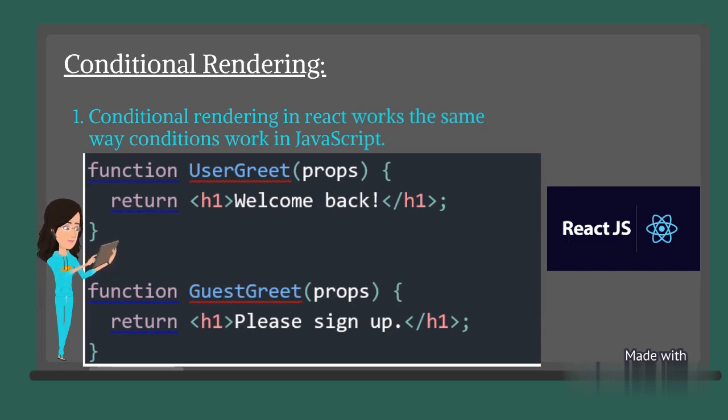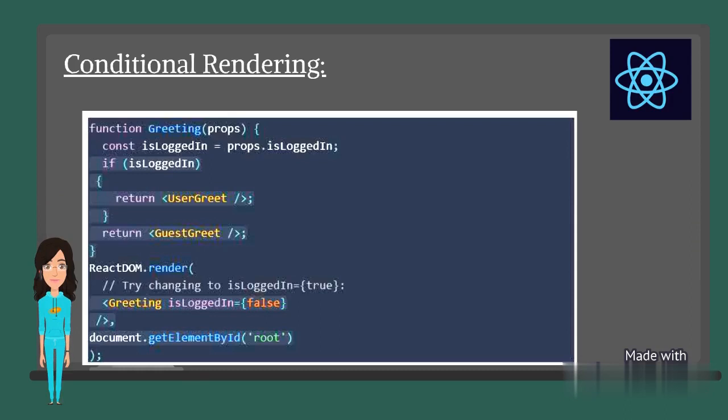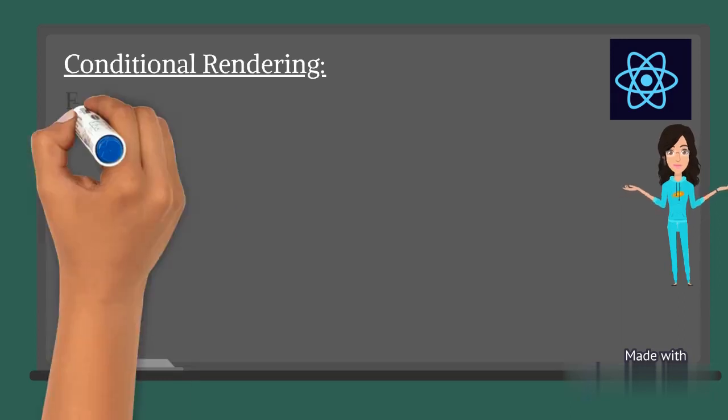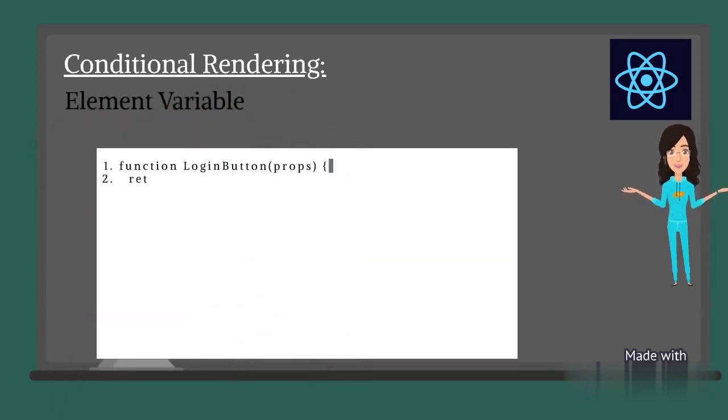So as you can see, there is a function Greeting which takes props, and here I use an if statement. If the condition is true, then the return is UserGreet. If not, then GuestGreet. So this example renders a different greeting depending on the value of the isLogin prop. And the other is the element variable.